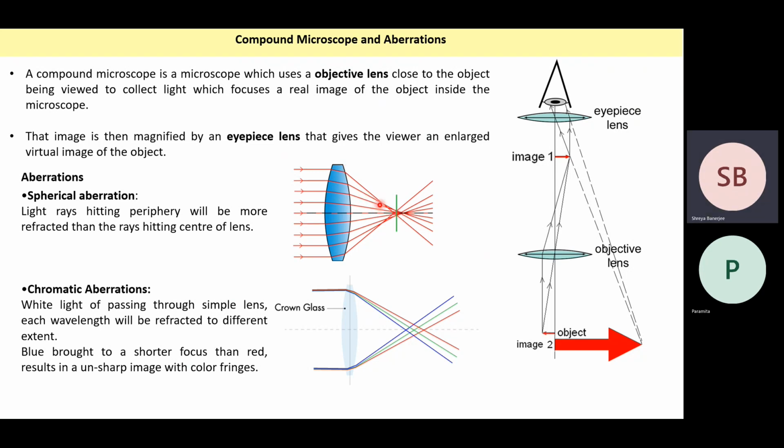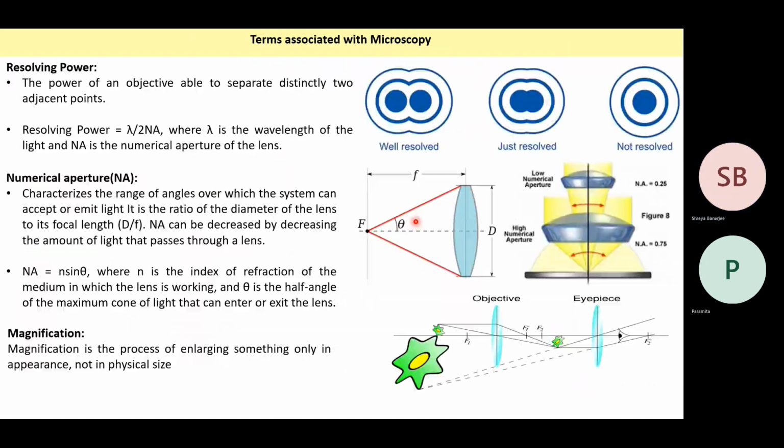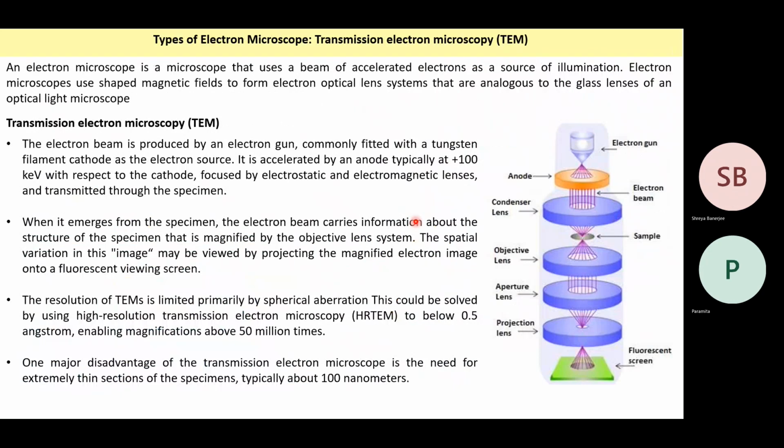Due to this, spherical aberration can also occur in electron rays. So due to this spherical aberration, there is a limit of resolution, because when this aberration happens, you get a blurry image.